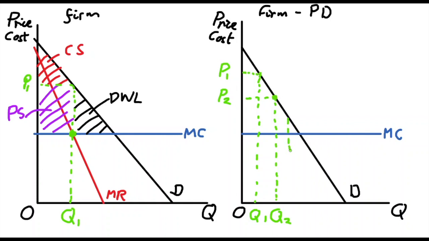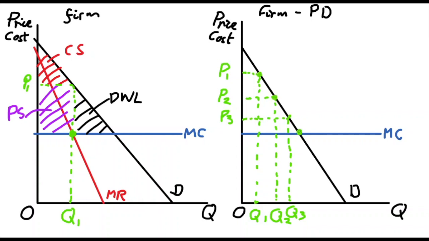And again, we can look at another customer and another output level, Q3, and we can see that they are charged a lower price, P3, because they have a lower willingness to pay as measured by the demand curve. The key point here is, for first degree price discrimination, for everything that's sold, the customer is charged the highest amount, or their highest willingness to pay, as measured by the demand curve in each case.